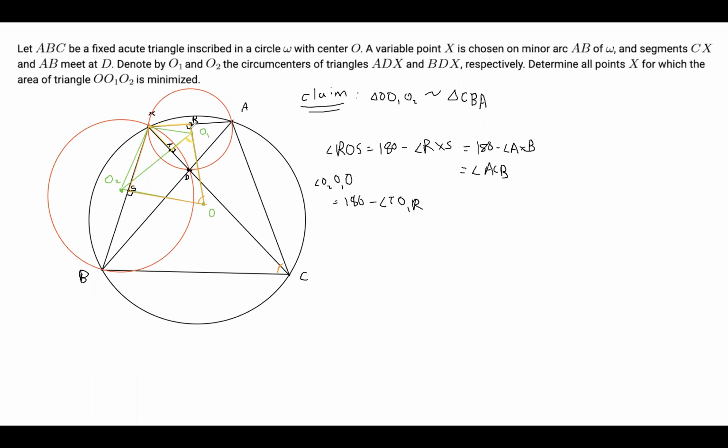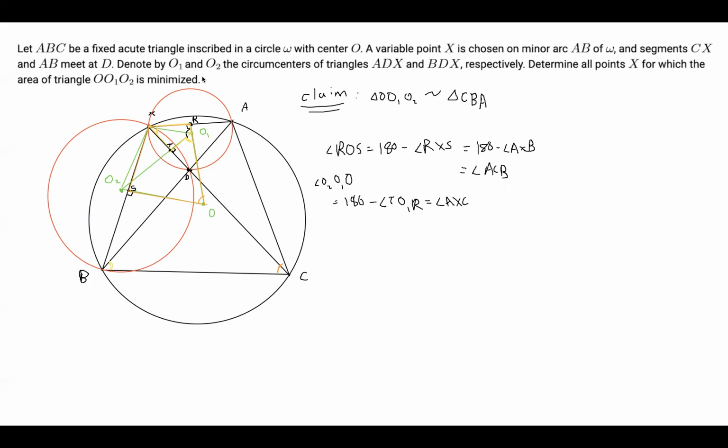So 180 minus this angle over here is this angle RXT, which is also angle AXC. So let me mark it equal to angle AXC, right? But since quadrilateral ACBX is cyclic again, and angle AXC subtends arc AC and angle ABC subtends arc AC as well, angle ABC is equal to angle AXC.